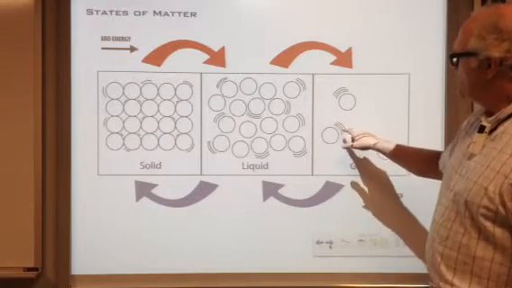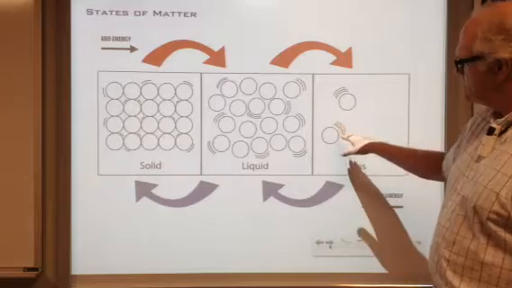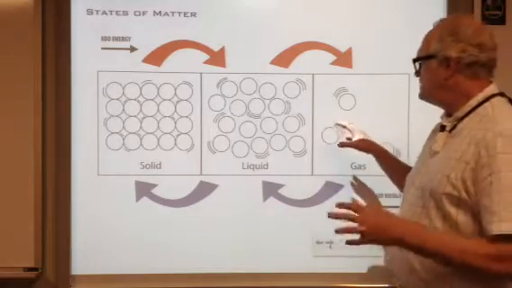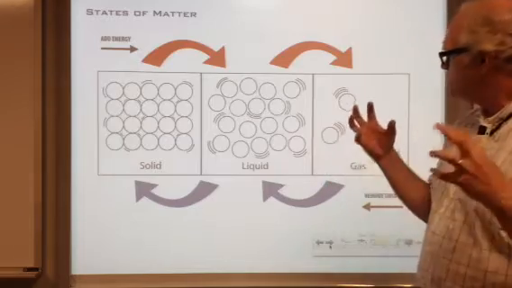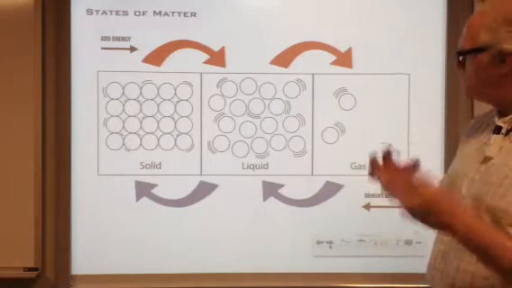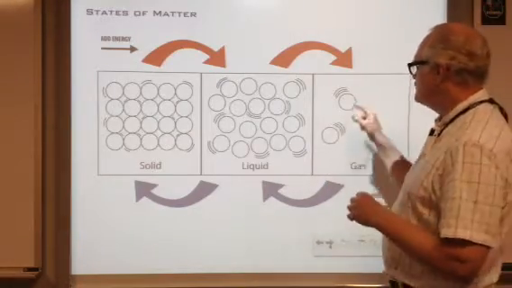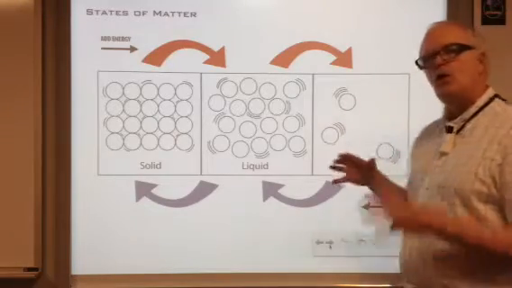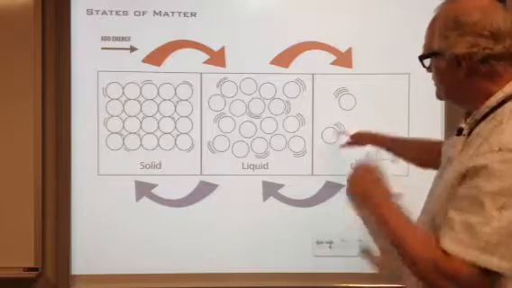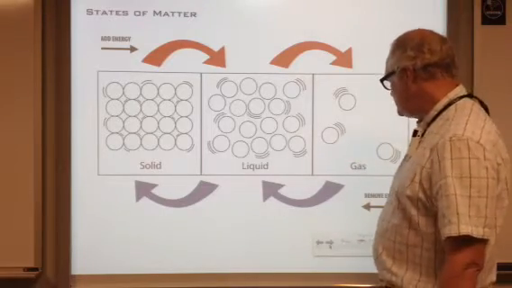So these particles are moving a lot, and that's what the three arcs show us. They're moving so much that they do not stay fixed or close to the other particles. So there's lots of space between the particles in a gas, and there's no organization at all to the particles. Every particle moves individually.